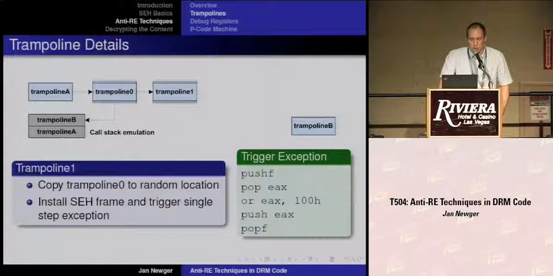First of all, the EFlags register is pushed to the stack, and the trap flag is ORed in, and finally it's applied. So upon the next instruction, a single step exception is triggered, and the aforementioned SEH handler is invoked by the operating system.